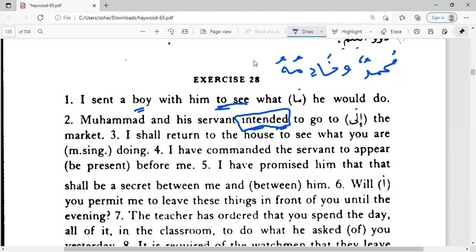It says intended, so it's got to be past tense. So you said qasada. Is that what you mean? Qasada, yeah. You have to put alif in front of it, because it refers to two people now. What's another way you could have done this?